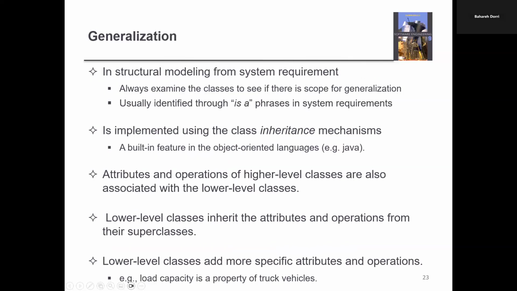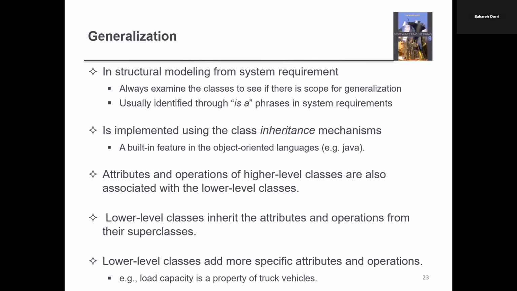Now let's build on what we just discussed about generalization by connecting it to how we actually use it during structural modeling. When we are analyzing system requirements, one of the first things you should do is look at the different classes and ask, can any of these be generalized?